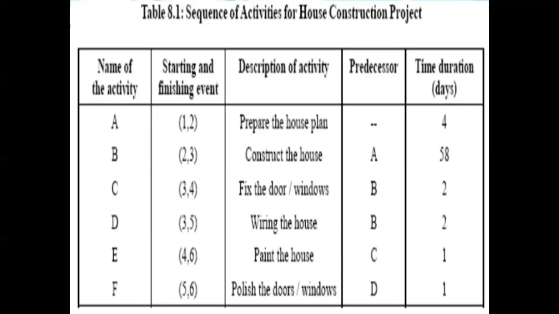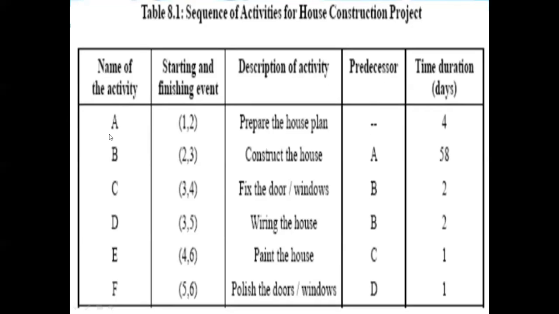So the basic step while preparing the network diagram is to appropriately read this precedence table. The two columns of utmost importance are the name of the activity column, which is the first column, and the predecessor column, which is the fourth column.